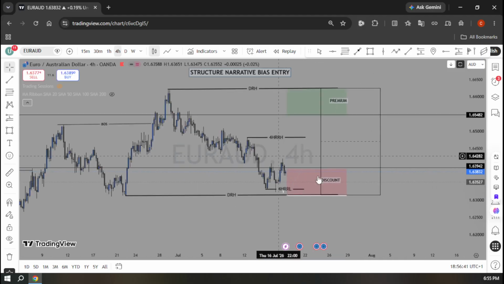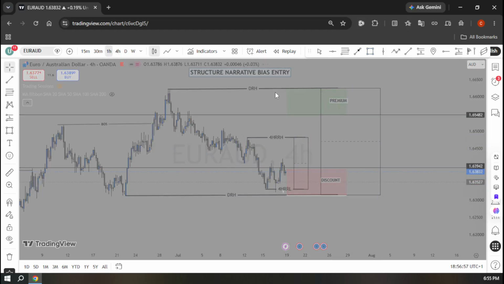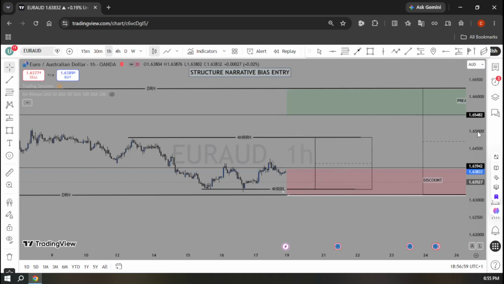Okay, beautiful. So in as much as I have this already, I already have a sweep of liquidity right under here. I can still apply this same method right inside here, and go to the 1 hour time frame.